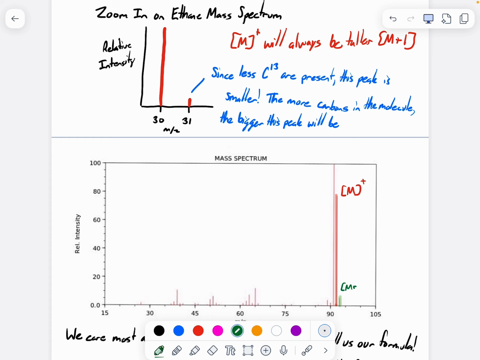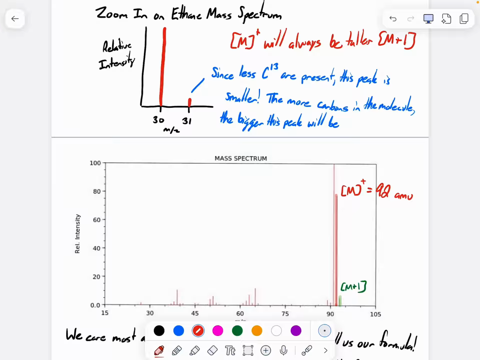This would be our M+1. So in reality, whenever we're looking at this molecule here, we would say that our molecular ion, the actual mass of this molecule, must be 92. Because the M+1, we realistically don't care about at this point. Right? We've just eliminated it as the possibility for the molecular ion peak itself.